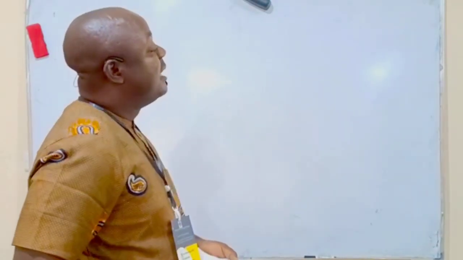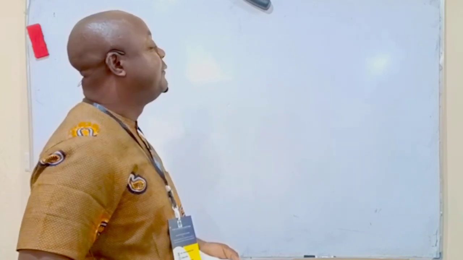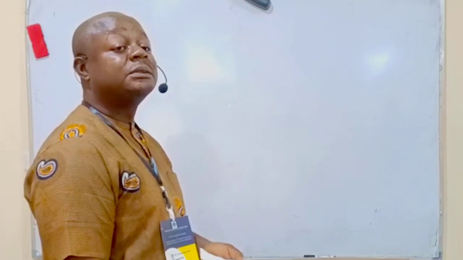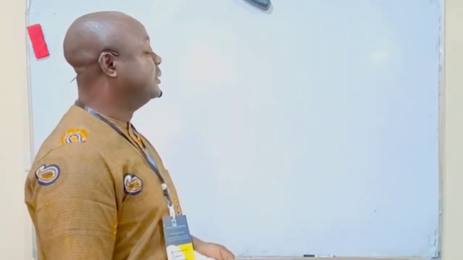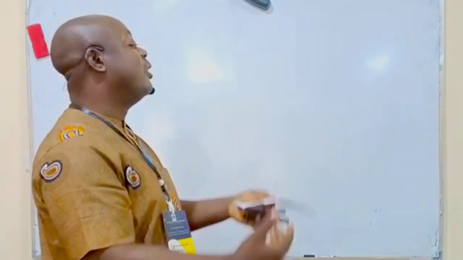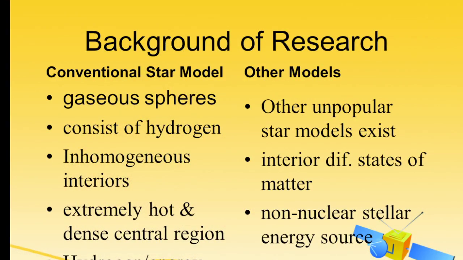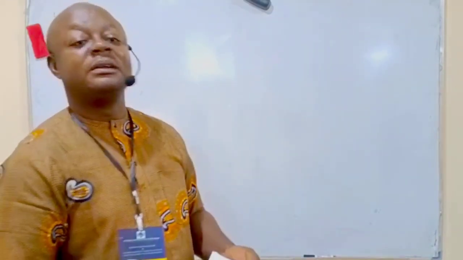And then it's also assumed that stars have inhomogeneous interiors, that they are extremely hot, and there is a dense central region. Those are facts we have. Prof has said so much about corona, photosphere, and so on and so forth. So we have that.